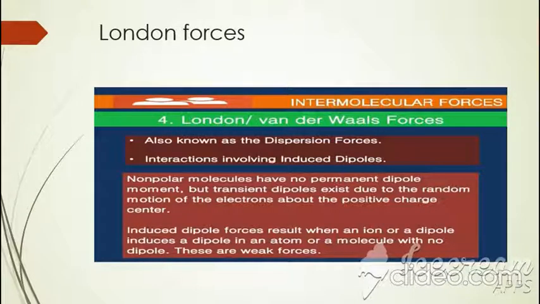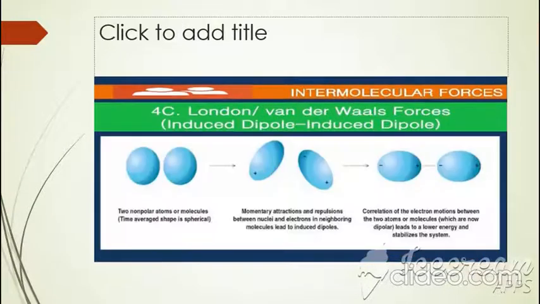What happens to non-polar molecules? Look at this picture. These are two non-polar molecules. There is no dipole at all. What happens when one non-polar molecule, at any instant, comes close to another non-polar molecule?